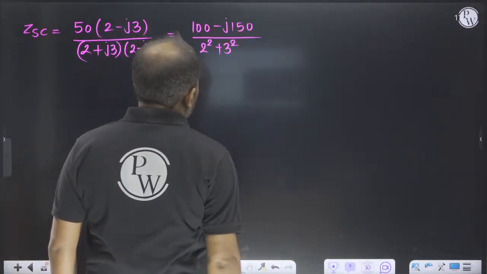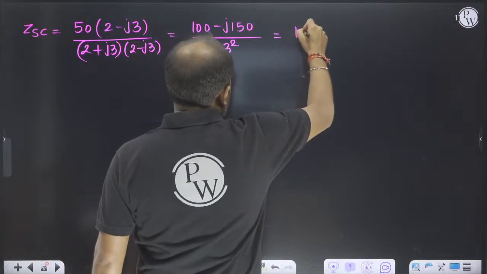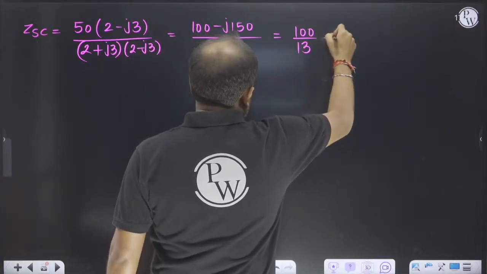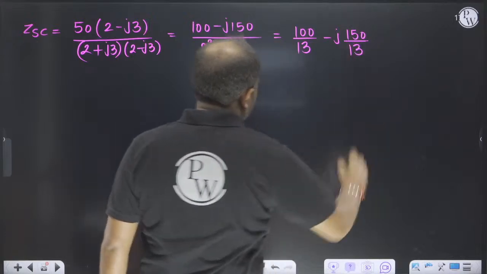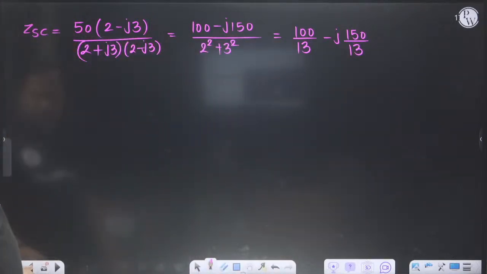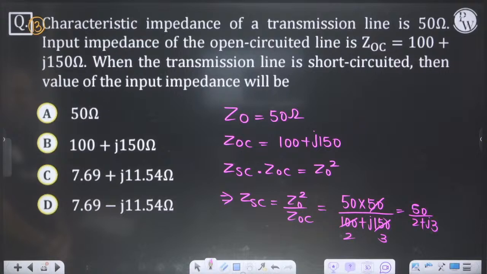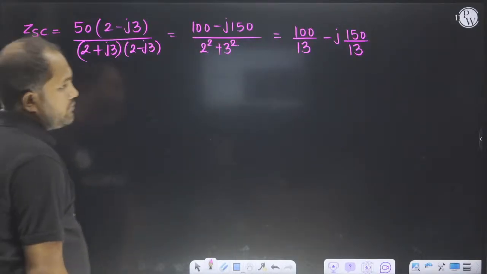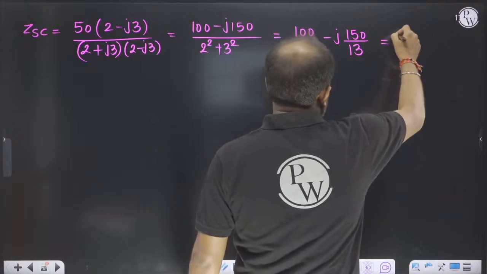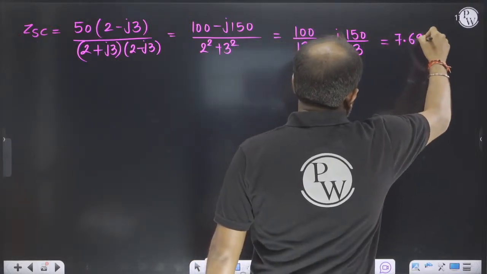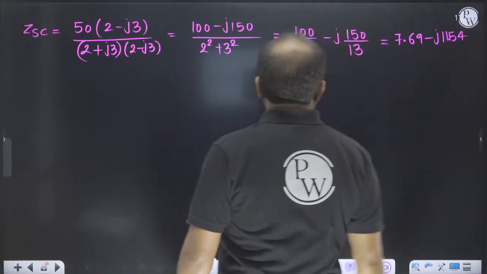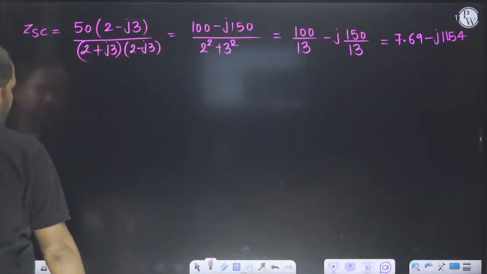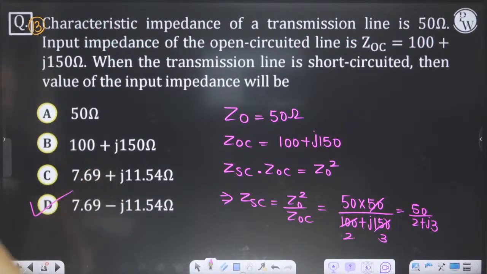That means 4 plus 9, 13. 100 by 13 and minus J150 by 13. So 100 by 13 is 7.69, and minus 11.54. So our answer will be 7.69 minus J11.54. D is our answer.